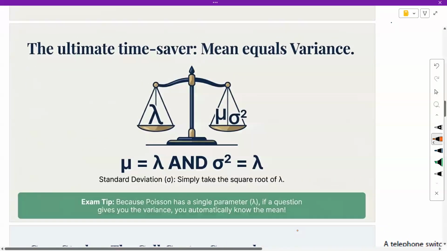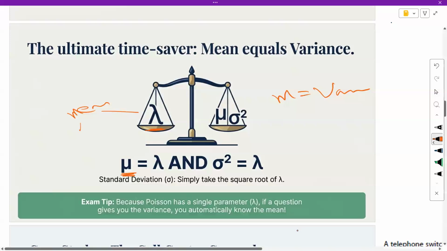In the Poisson distribution, the mean equals the variance. So lambda means the mean, or average.